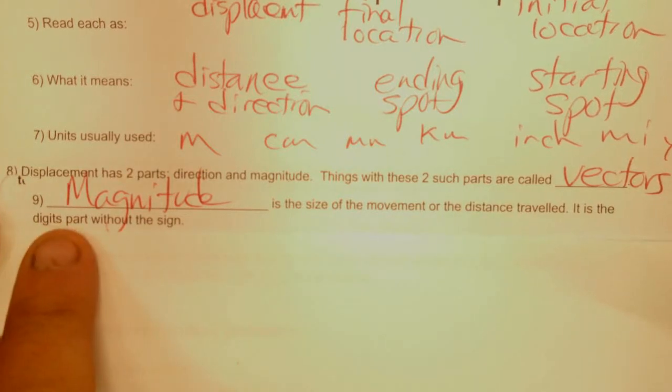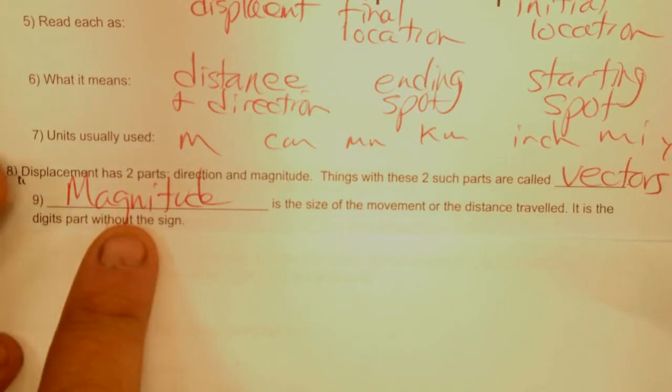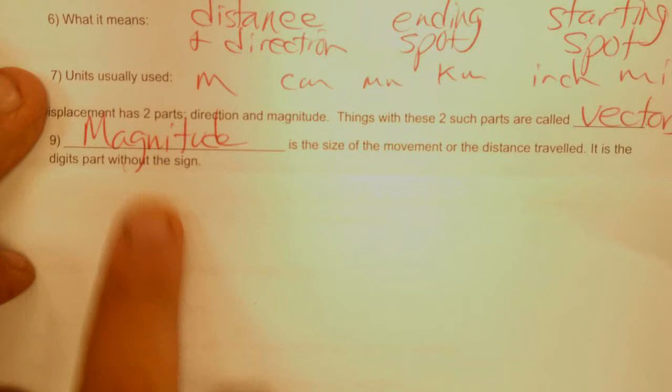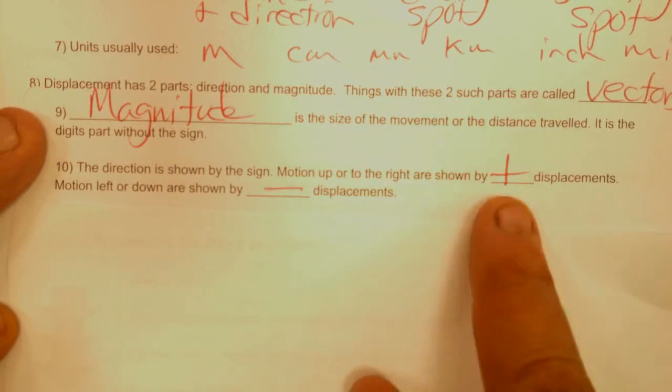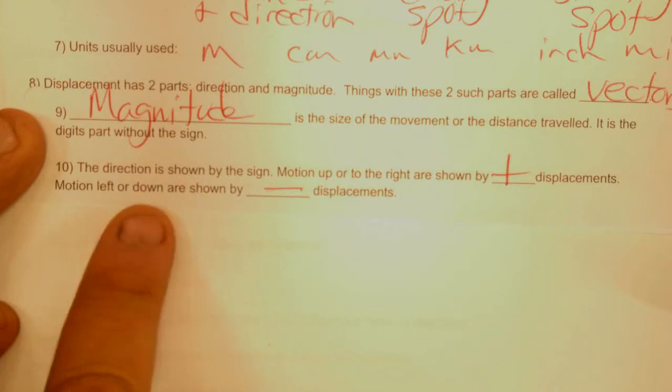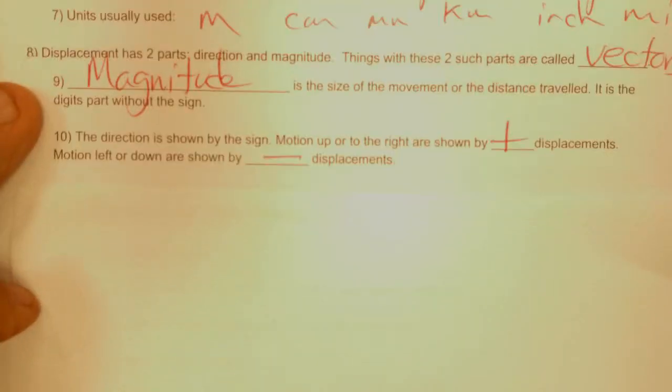It's the digit part, not including the plus or the minus, but just the digits. The direction is shown by the sign. Motions up or to the right are shown by a positive. Displacements are shown as positive displacements. Motion left or downwards is shown by a negative displacement.